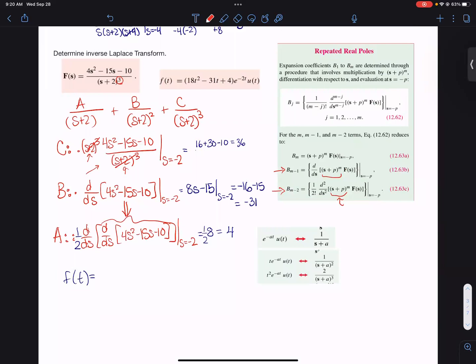C is the one where you're multiplying it by (s+2) cubed. And then it's the derivative of that one for the second one, and then the derivative of that one for the third one. So A will be the second derivative.